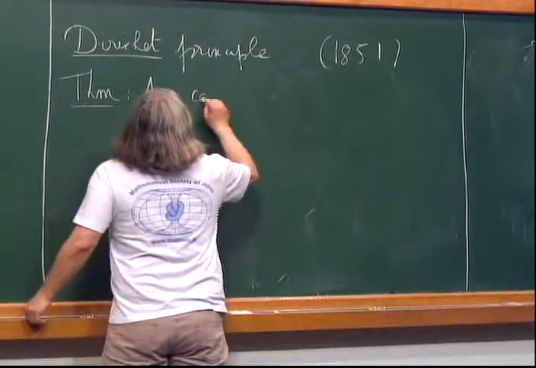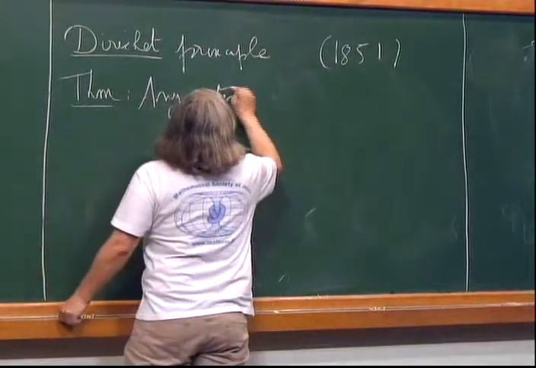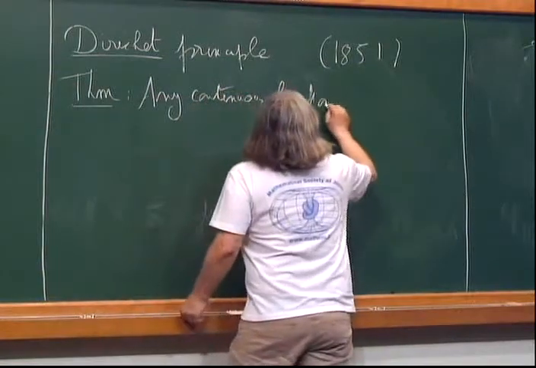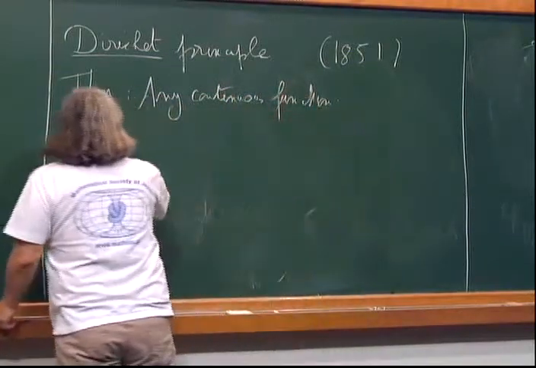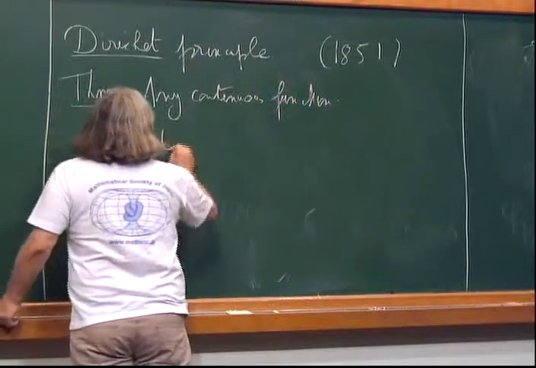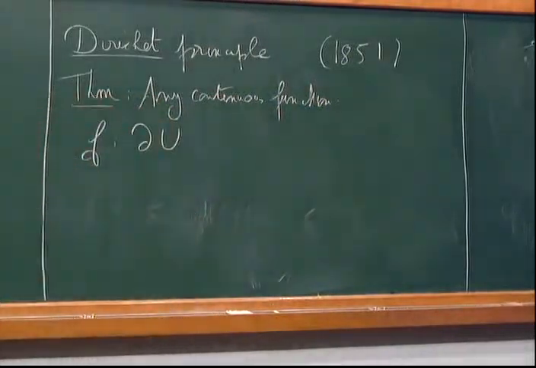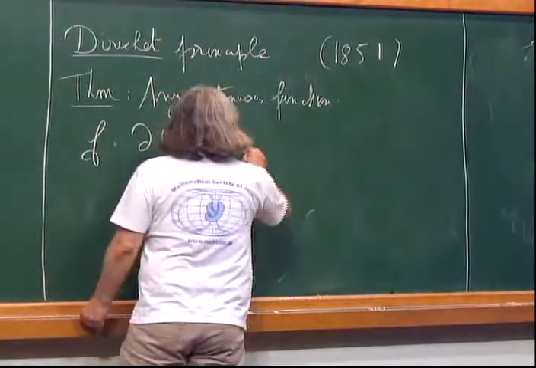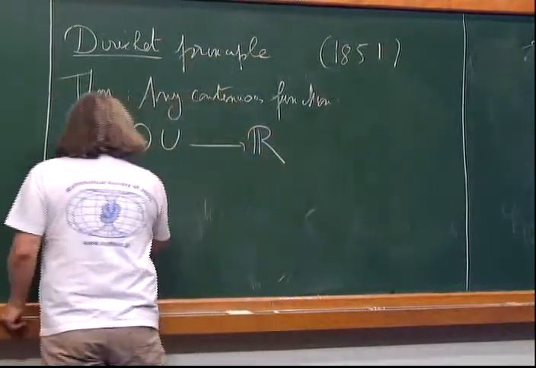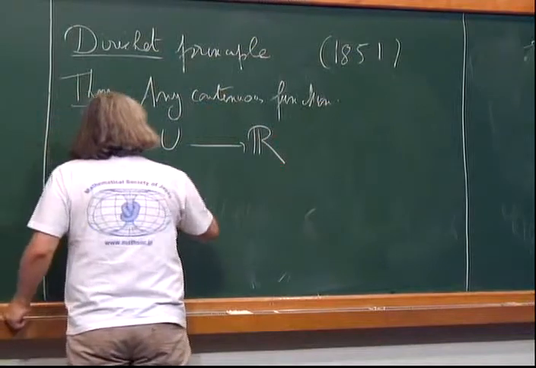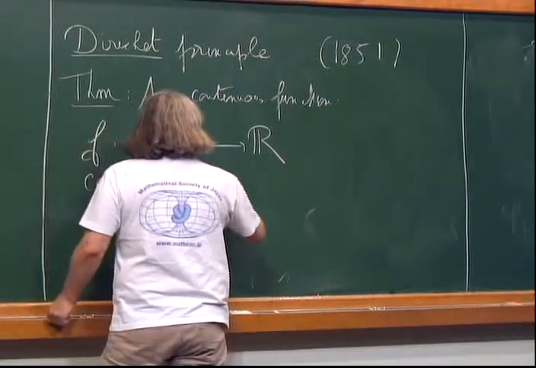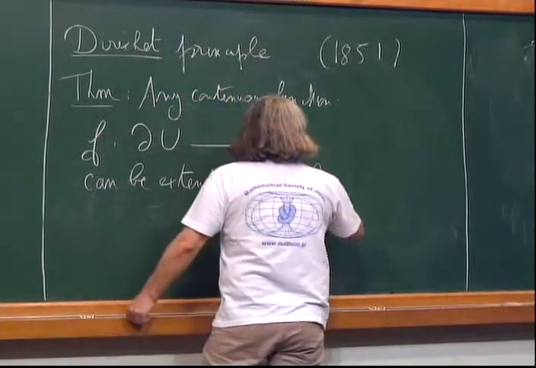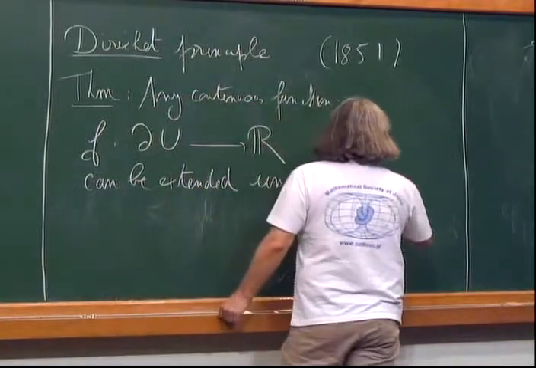Any continuous function, let's say f, from the boundary of such a domain, of a Jordan domain, to the real numbers, can be extended uniquely to a harmonic function.